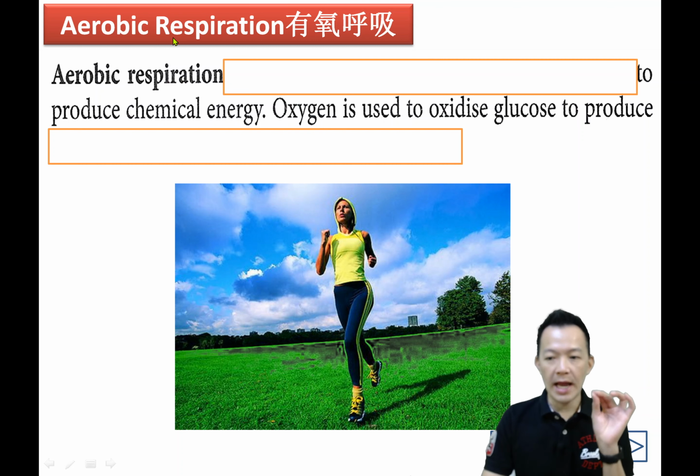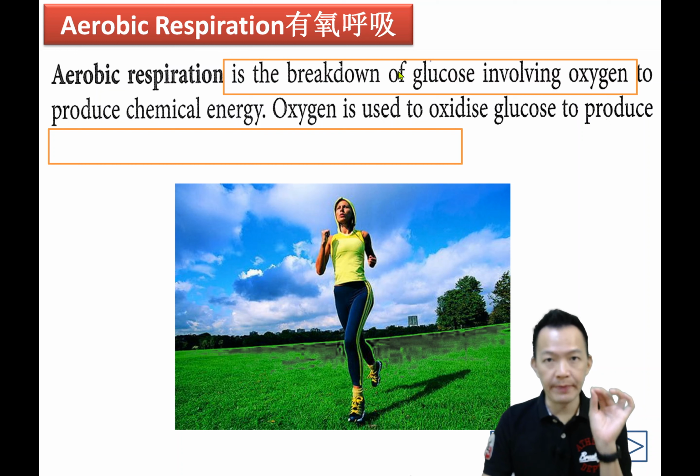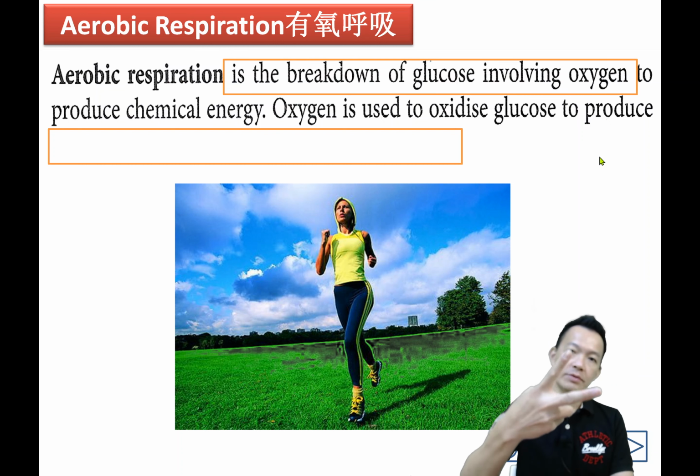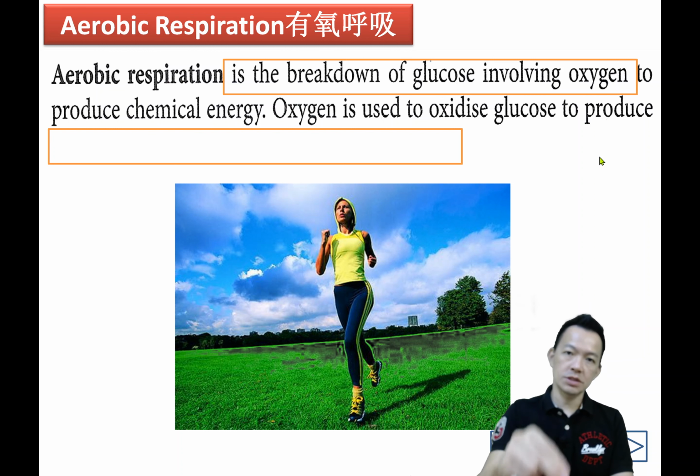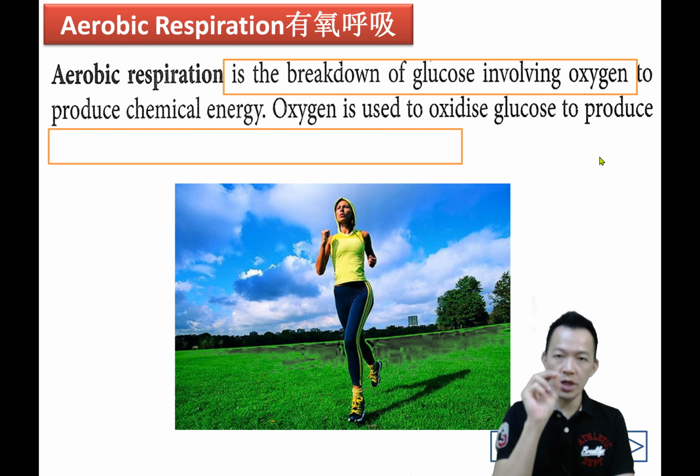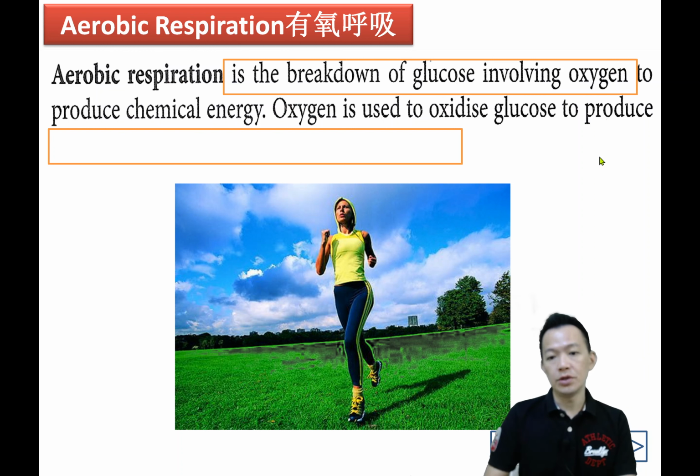Okay, so aerobic respiration is the breaking down of glucose involving oxygen. Break down the glucose, oxidize the glucose involving oxygen, to produce chemical energy.